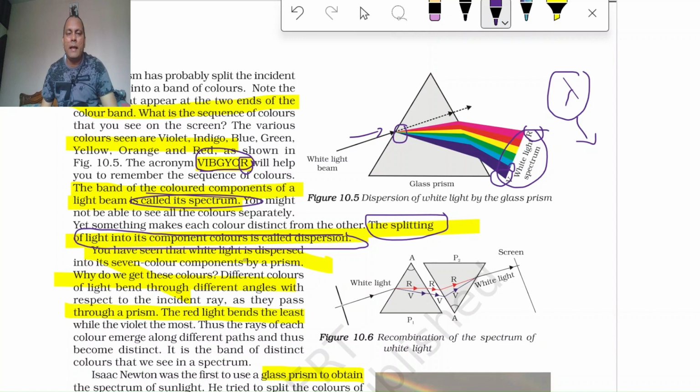So you have seen that white light is dispersed into its 7 color components by a prism. And when we apply the same prism in the reverse direction, the same 7 colors combine to make white light, and we can get it on the screen. When we apply the opposite direction of the prism, we get the same result.